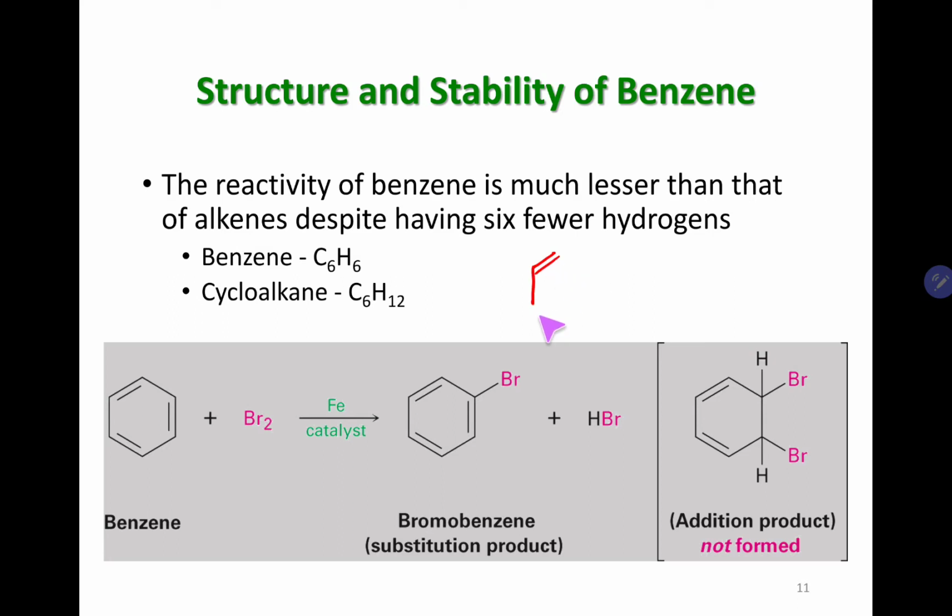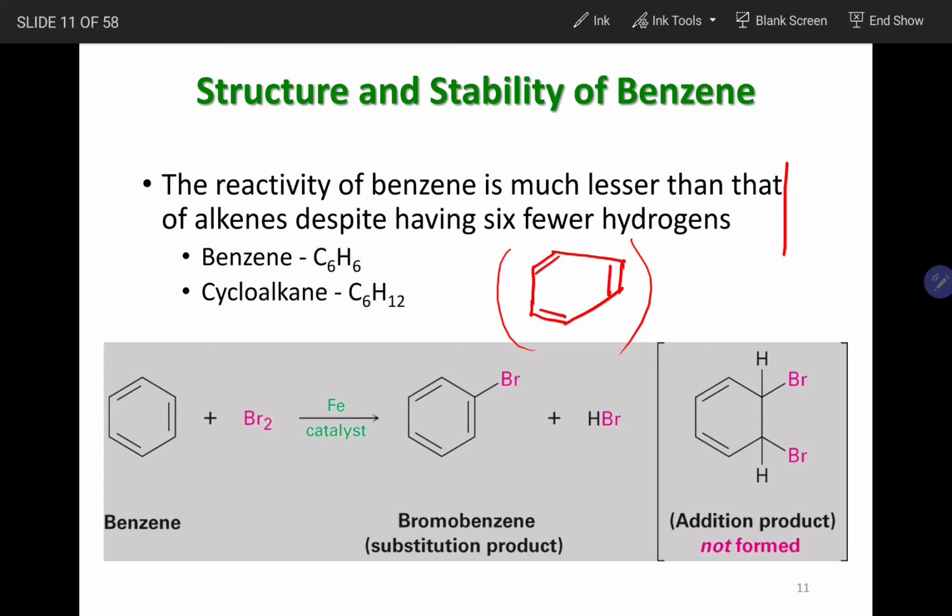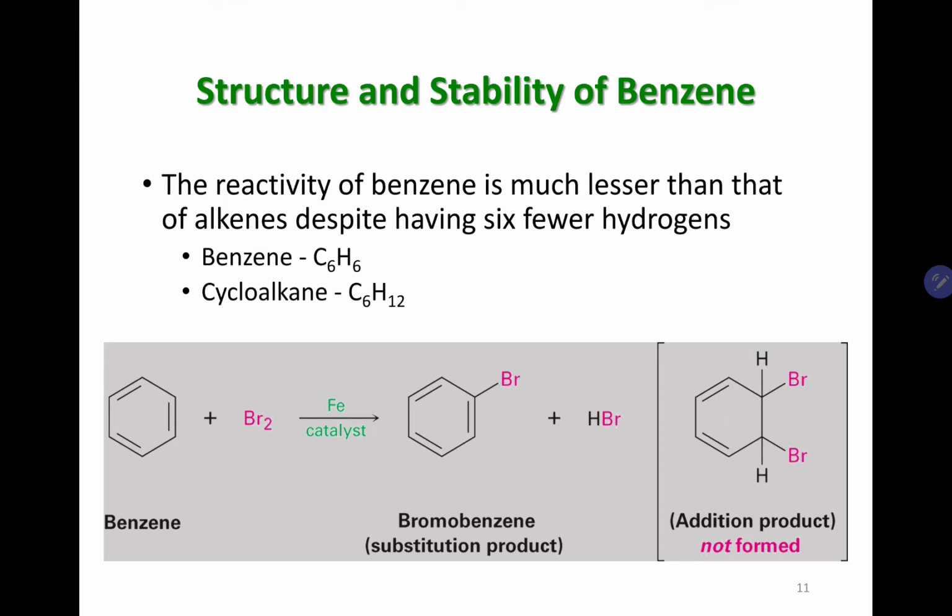I'm going to draw an exaggerated view of benzene: double bonds are short, single bonds are long. But no, we don't draw it like this when we are drawing benzene. Instead we use a very symmetric hexagon ring, and there is a reason for that, which we will talk about in more detail in the next couple of slides.